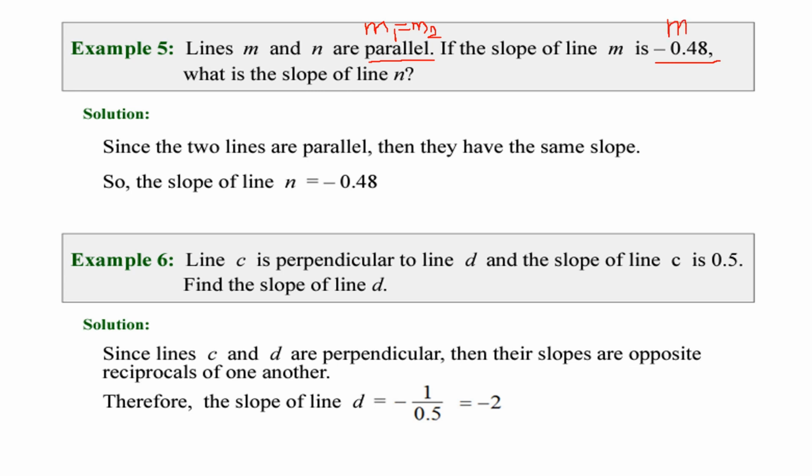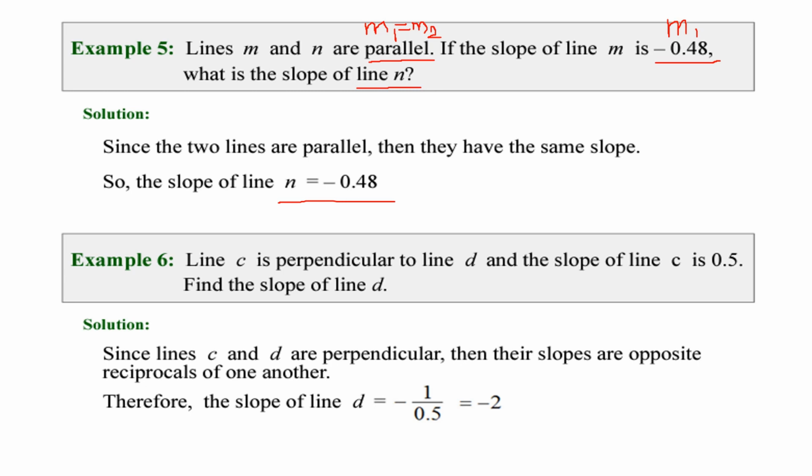M1 is given, negative 0.48. What is the slope of the line N? From the condition, we know M1 equals M2, so the slopes must be the same. So the answer is N equals negative 0.48.